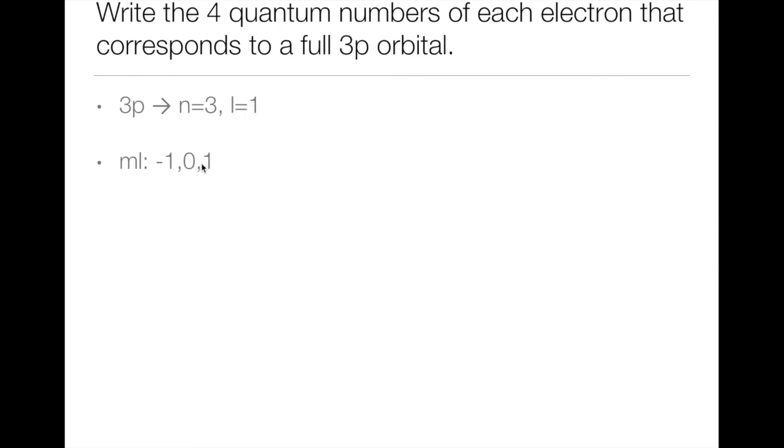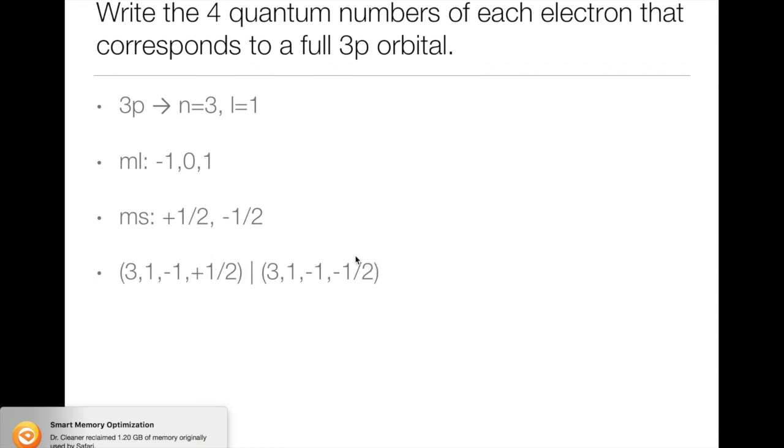So I start my parentheses with 3 and 1. Then I will put the minus 1. And the ms can take these values. Minus 1 can take 2 ms numbers, plus 1 over 2 or minus 1 over 2.